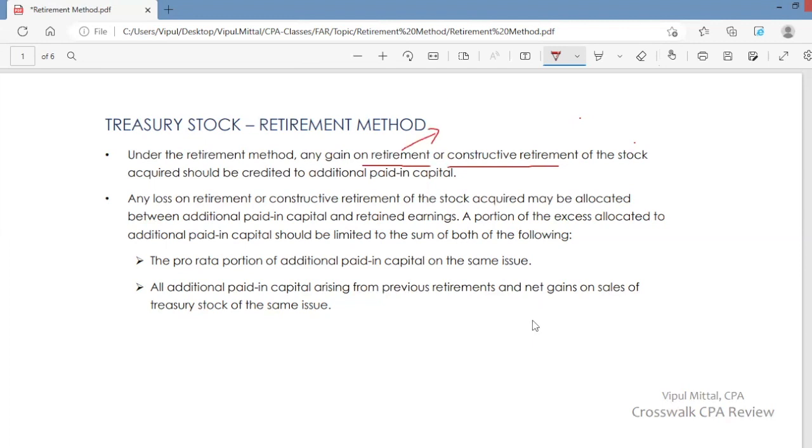This may be a formal retirement, or a constructive retirement, which is not a formal retirement, but more of an accounting retirement where you consider the shares retired. When I say retirement, it is cancellation, redemption.